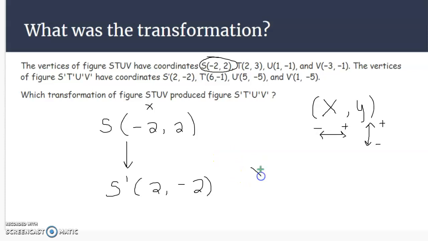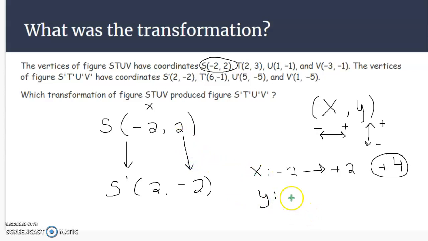So for x, if I go from -2 to +2, on the x-axis, that's a distance of 4, and it's a distance of +4. That tells me about the horizontal distance. This figure moved to the right 4 units. Now let's focus on the y coordinates. We went from +2 to -2.